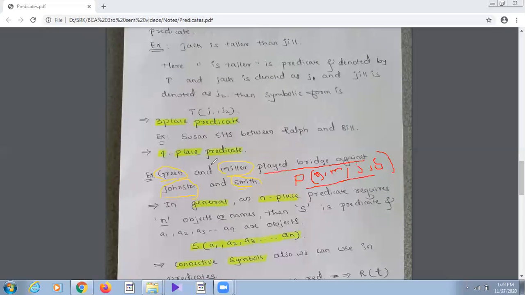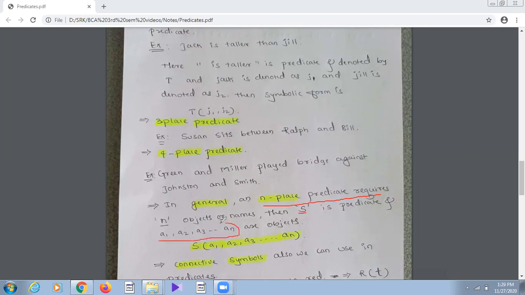So this is a four place predicate. Whatever the number of individuals, we can call it that number of place predicate. In general, for an n place predicate, we denote S as the predicate, and the objects go up to n, so a1, a2, a3 up to an.